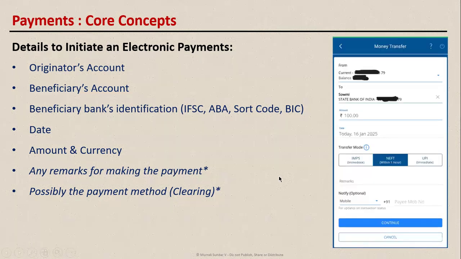From HDFC's mobile banking perspective, this is what you would specify: the originator account, whose account you are initiating the payment from, and to whose account you are crediting the payment, how much, what the currency is, when, what the clearing is, IMPS, NEFT, or UPI, and what the remarks are.